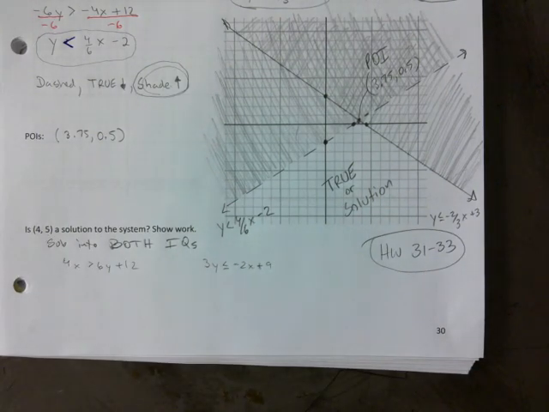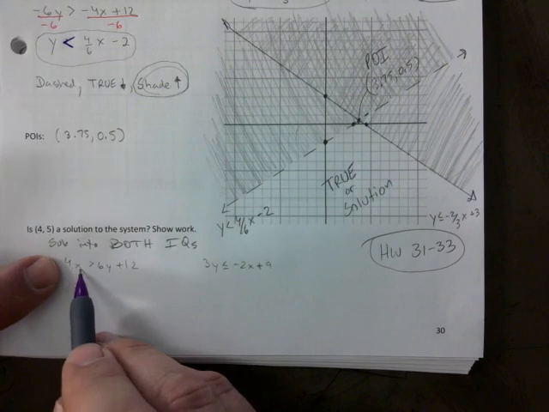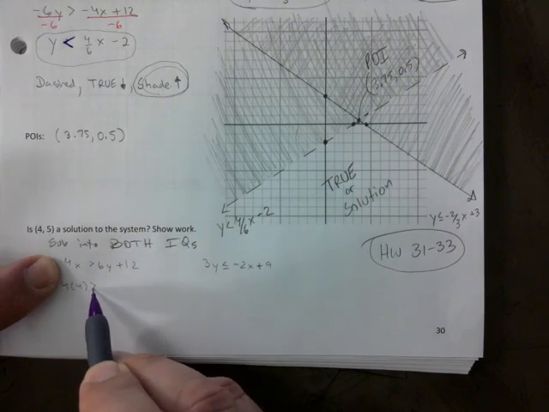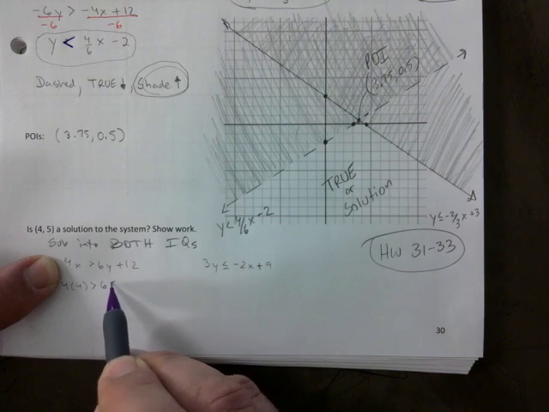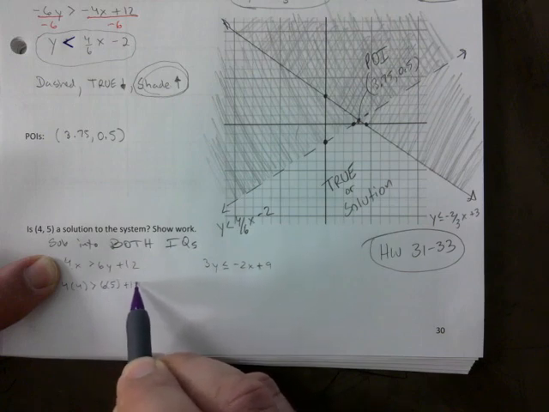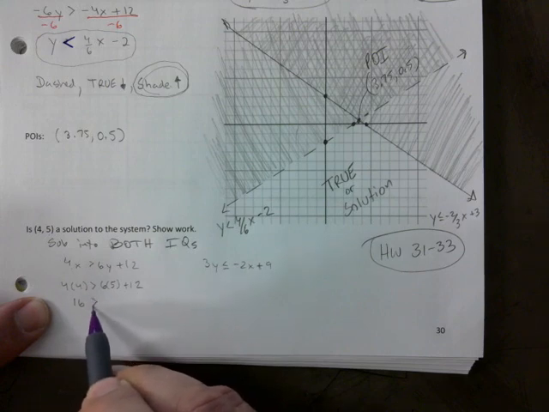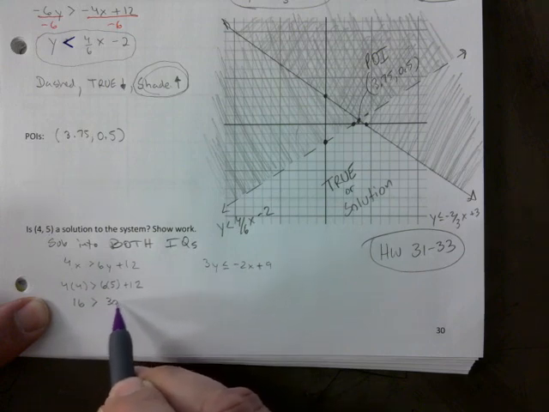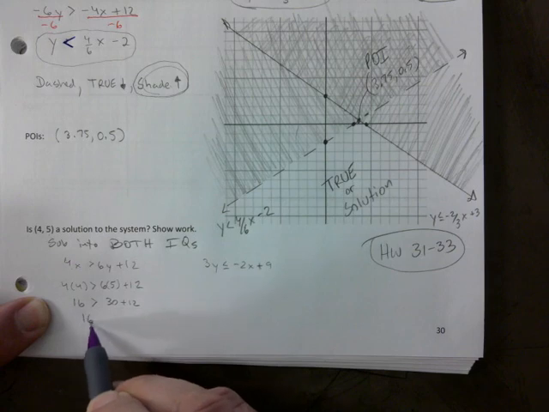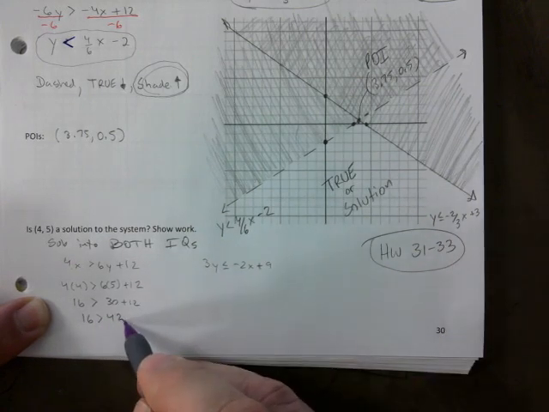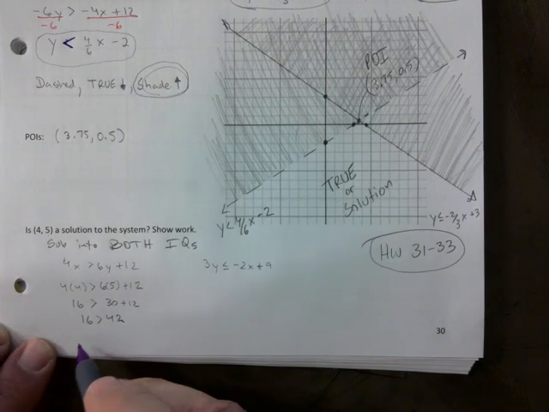So be very careful what you do here. 4x is 4 times 4 is greater than 6y plus 12. 16 is greater than 30 plus 12. 16 is greater than 42.